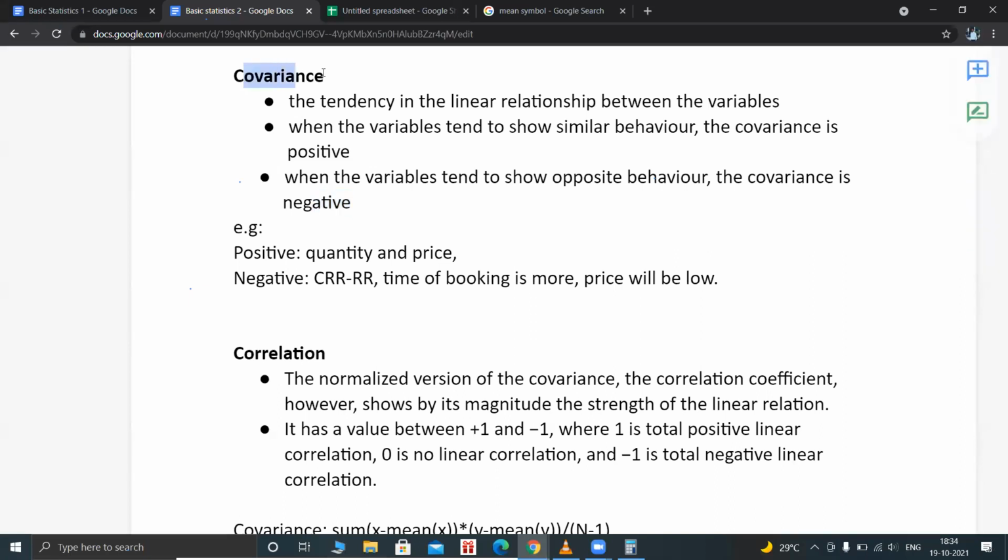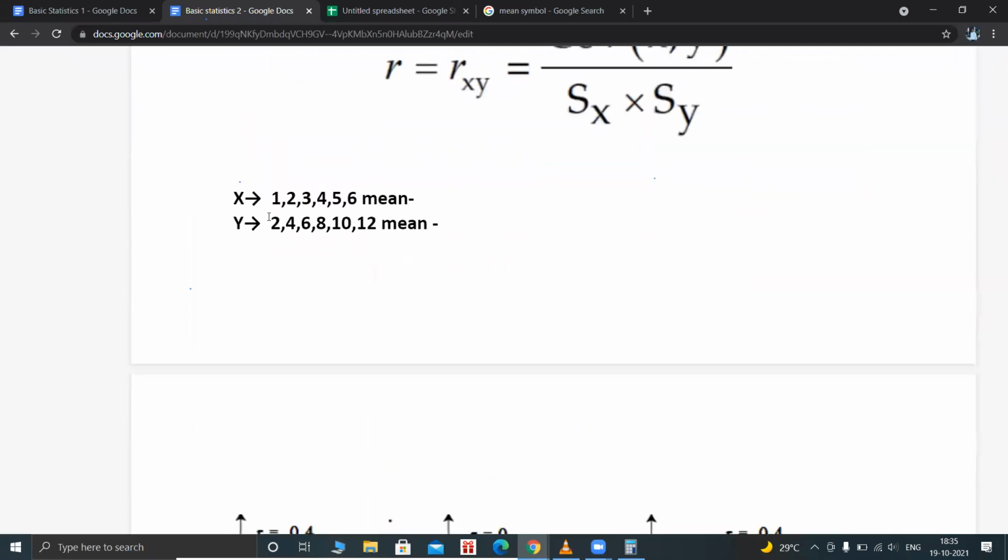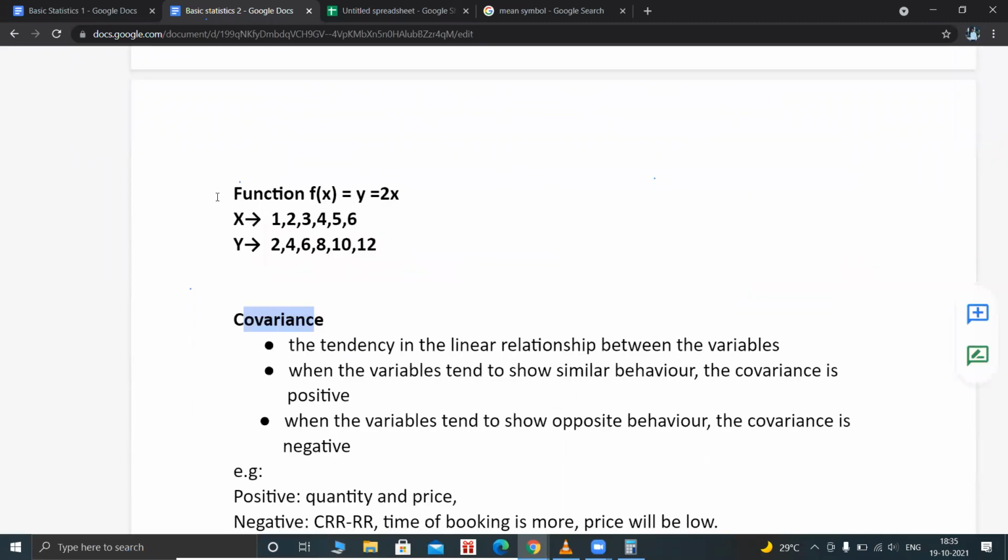That's what covariance tells us, right? So when you have data with a dependent variable as well as an independent variable, right? See guys, in this case, what is the dependent variable and what is the independent variable, guys? Quickly, in this case, what is the dependent variable and the independent variable?